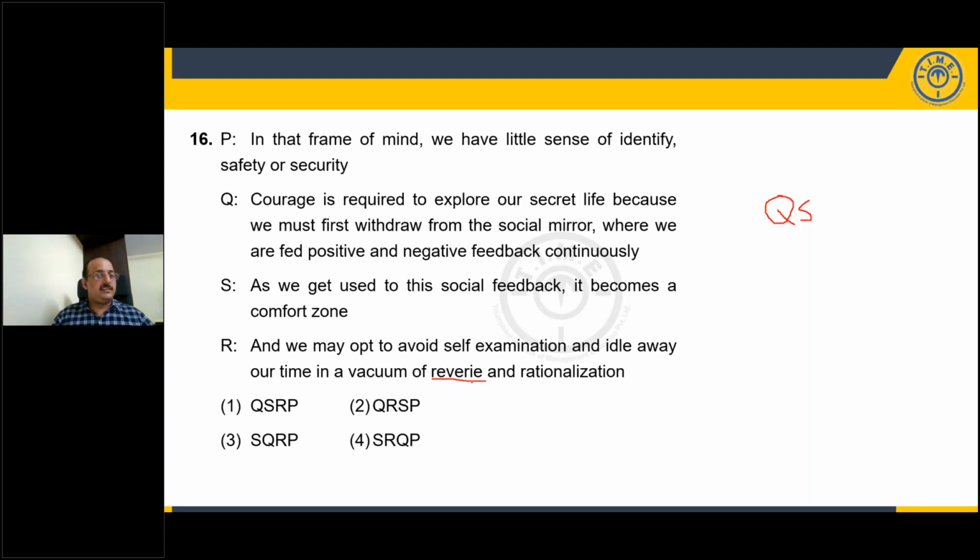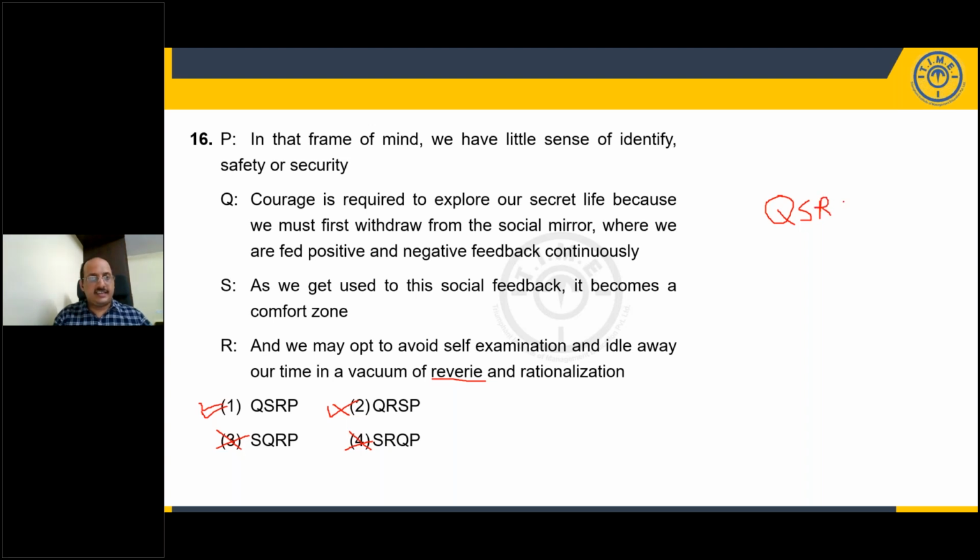So now it's very clear that Q needs to be my first line because Q defines the idea of courage. So 3 and 4 get eliminated. My first line is one between 1 or 2. So now if I see out here, like we just saw, Q and S also need to come together. So 2 gets eliminated. My answer is option number 1, QSRP.